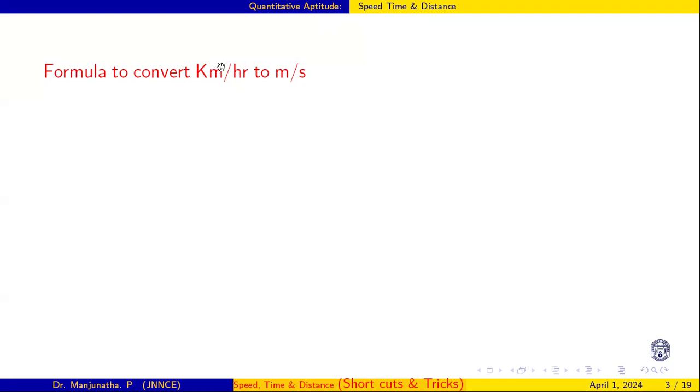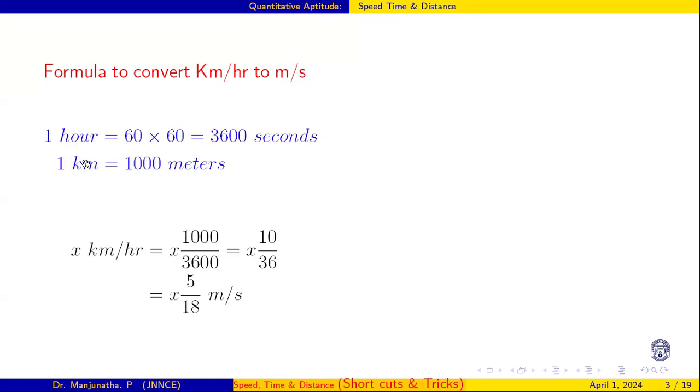Sometimes it may be required to convert kilometer per hour to meter per second, kilometer to meter, or hour to second. We will see that.